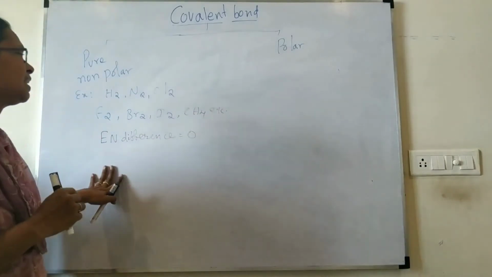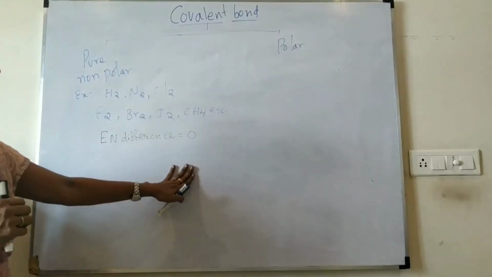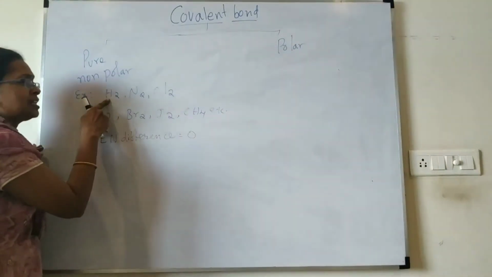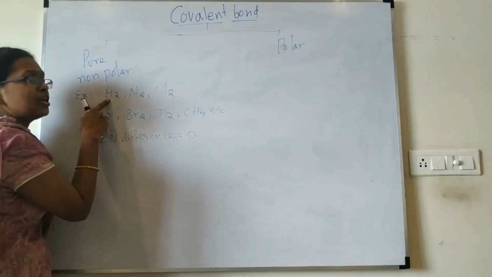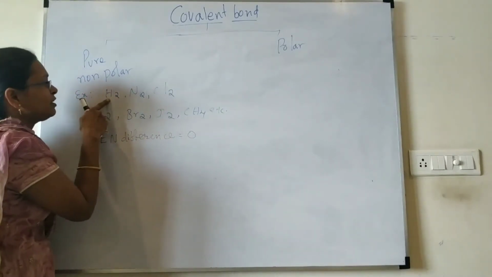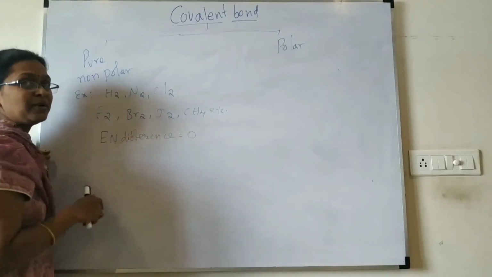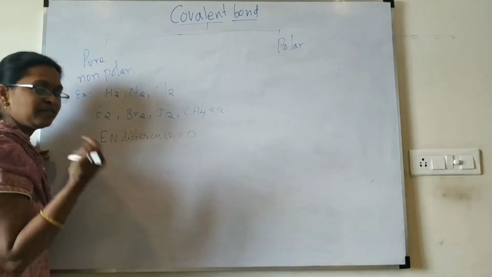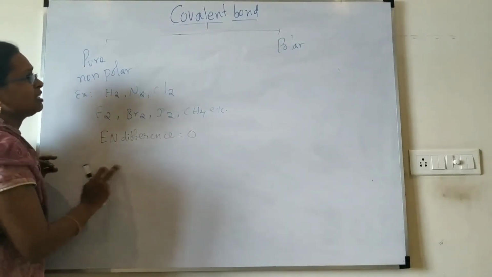But here the EN difference will be 0, because it is the same atom. For example, the electronegativity of hydrogen is 2.1, and 2.1 minus 2.1 gives 0. This is the reason.